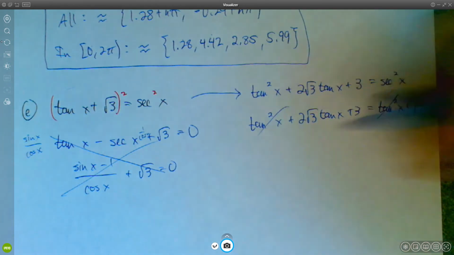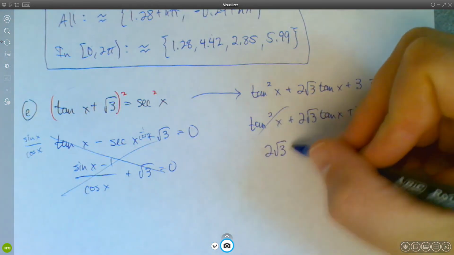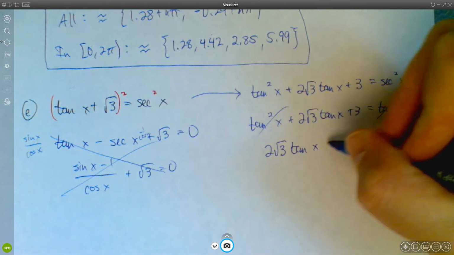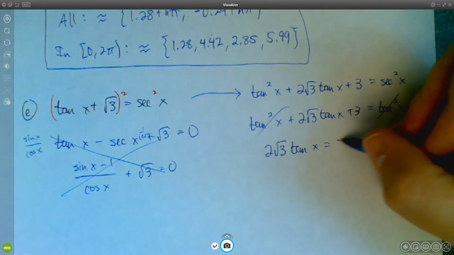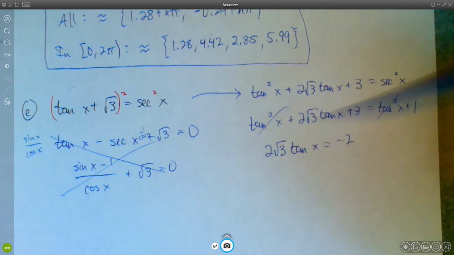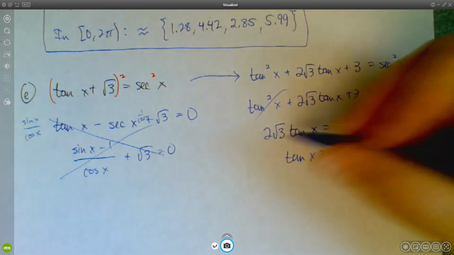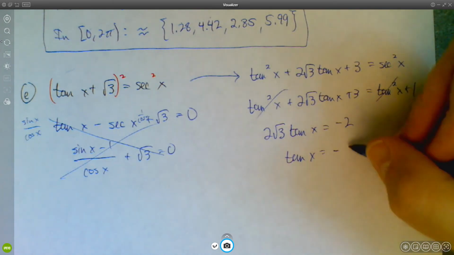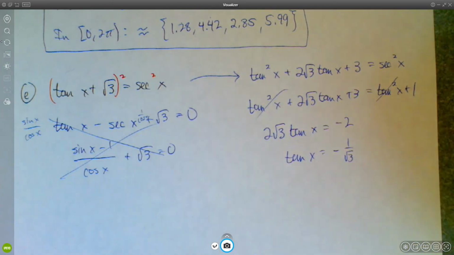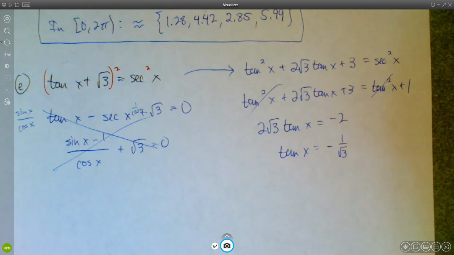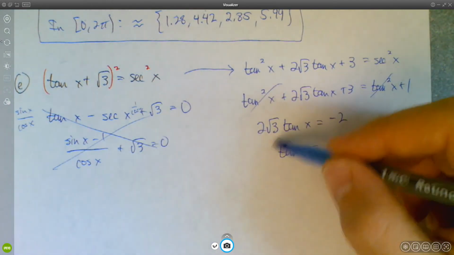So I'm going to subtract 3 and get 2 root 3 tangent x equals negative 2. And then I can divide through by 2 root 3 and get tangent x equals negative 2 over 2 root 3. That's just negative 1 over root 3, or if you prefer the rationalized version, negative root 3 over 3. But there you go, that's all there is to it.